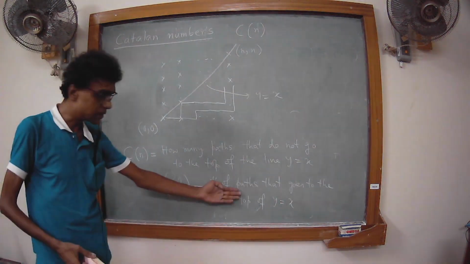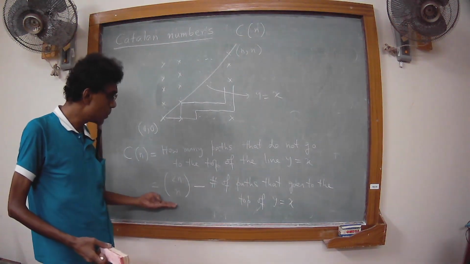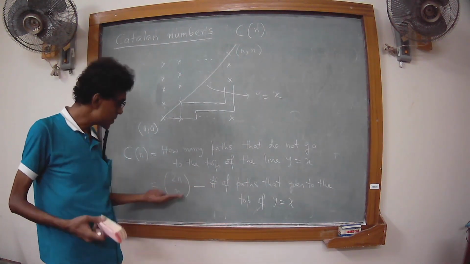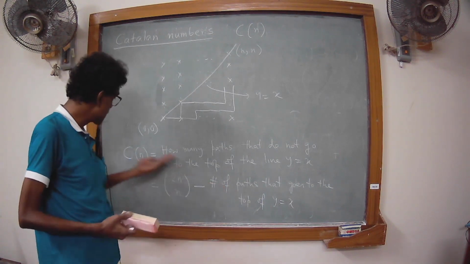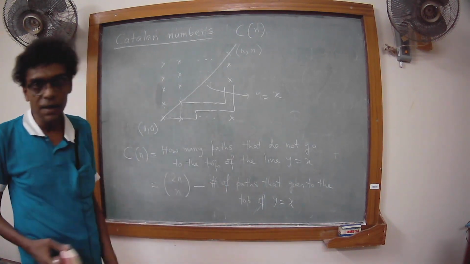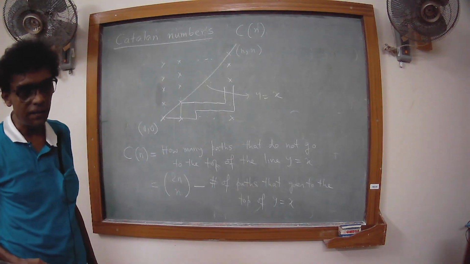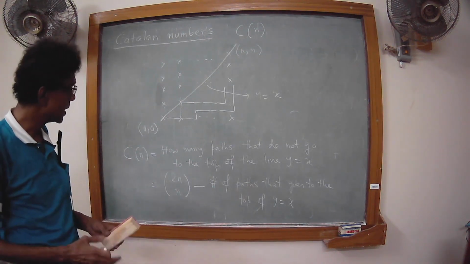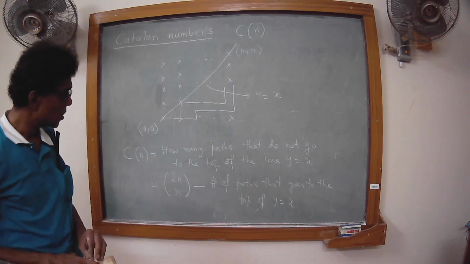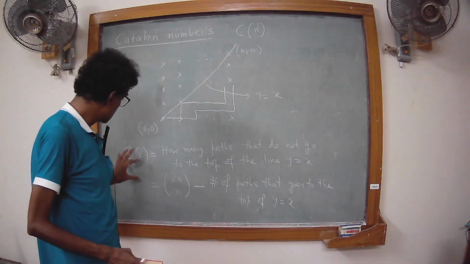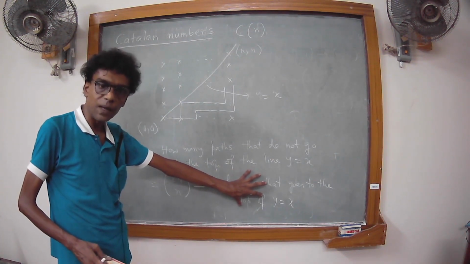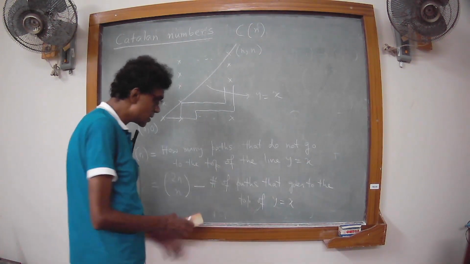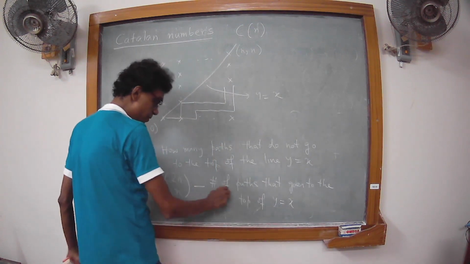So these are invalid paths. This is the total count of paths, and if I subtract from this count the number of invalid paths, I will get my desired count, which is the Catalan number C of n, the nth Catalan number. So it suffices for computing this to compute the number of invalid paths. Okay. So I will count this.